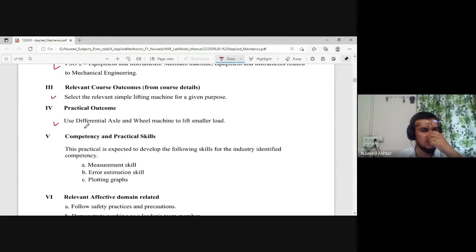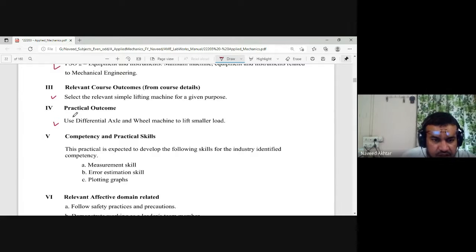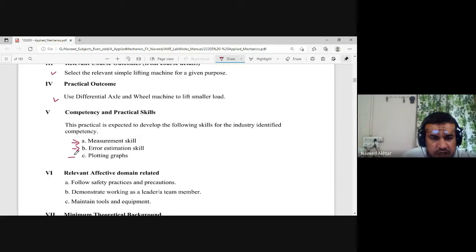Okay, what is the competency you will get after the completion of this experiment? You will get the measurement skill. You can get the error estimation skill, and you can get the plotting graphs skill.